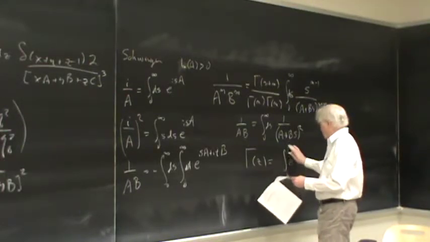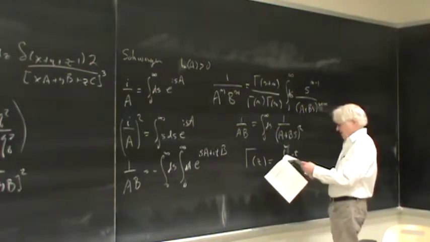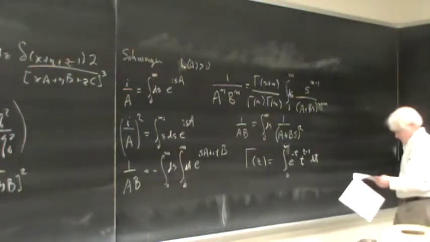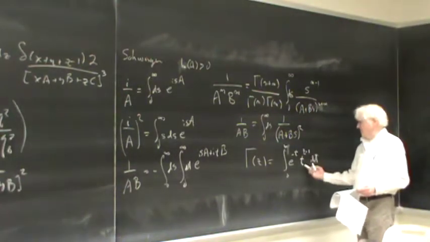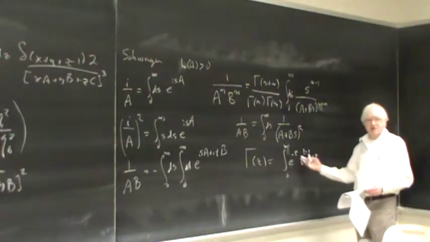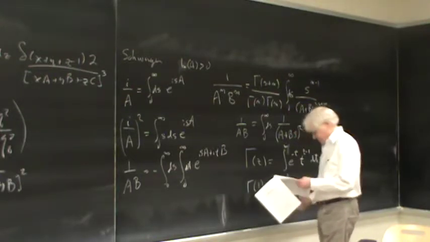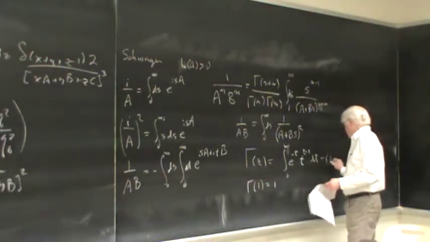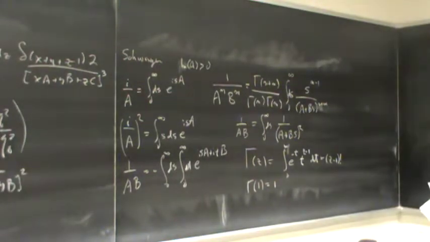Wait a minute, it's not 0 to 1, it's 0 to infinity, e to the minus t, t to the z minus 1 dt. Oh, I wrote it the wrong way. And so if you set z equal to 1, you see the thing simplifies, and you just have the integral 0 to infinity e to the minus t dt, and so you get gamma of 1 is equal to 1. And gamma of z itself is a definition of z minus 1 factorial, so that extends factorial to arbitrary z.